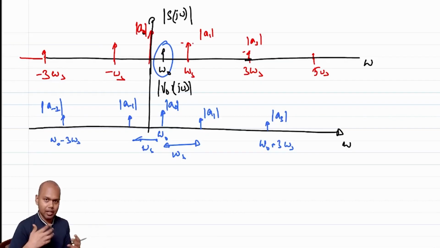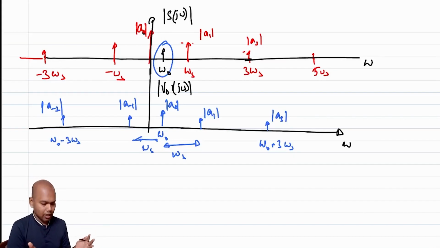We'll simply assume that we are comfortable with the fact that if you have a square wave, it's going to have tones at harmonics of omega s, and if your signal is also a sinusoid, or in this case a complex exponential, it is going to get shifted in the frequency axis by the locations of the tones of s of t, right?